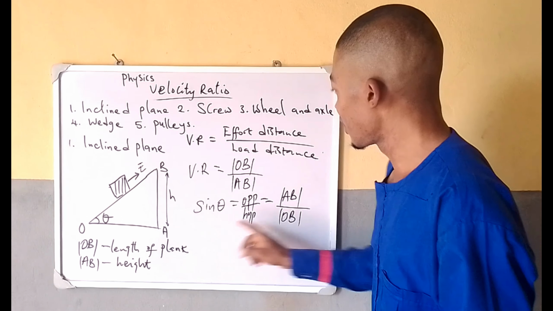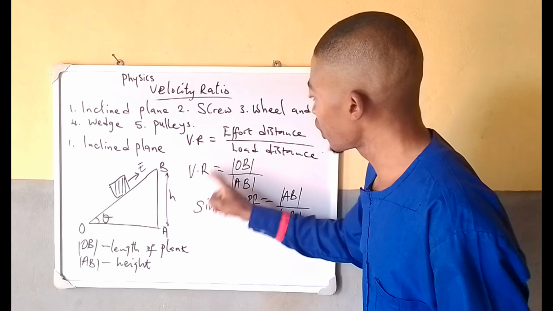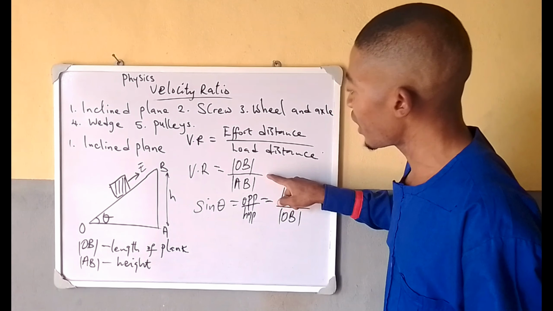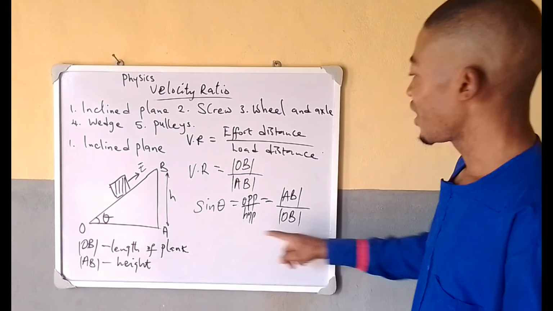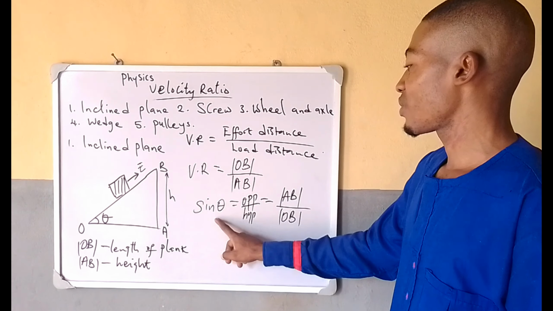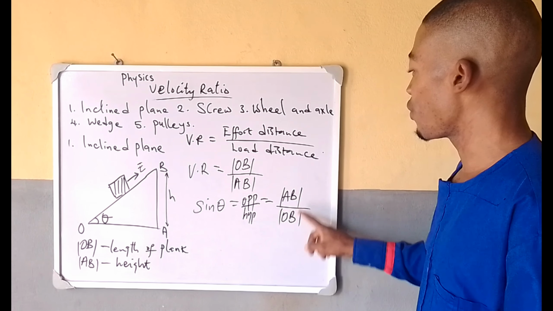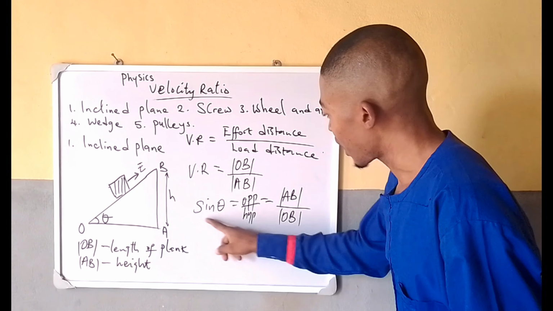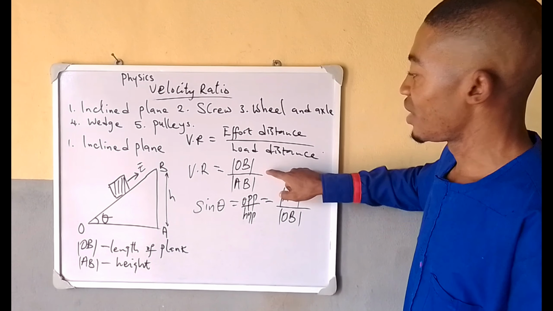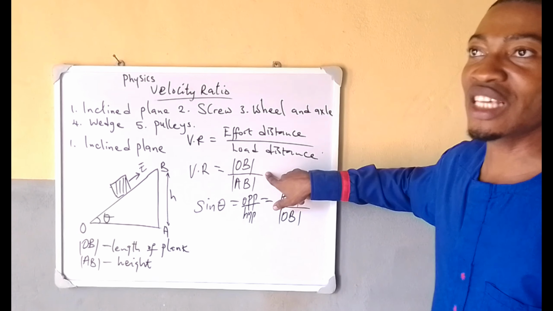Now when you look at this expression, velocity ratio according to the original expression we have earlier is OB over AB. But here, when we treat the sine theta, we have AB over OB. But we need to make this sine theta expression the same as our original expression.